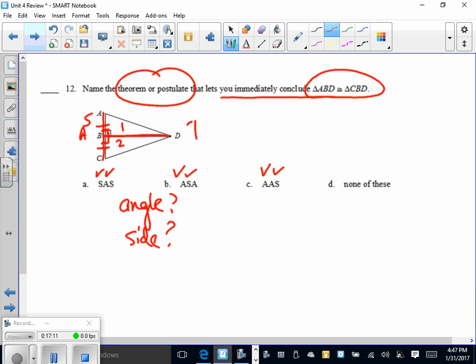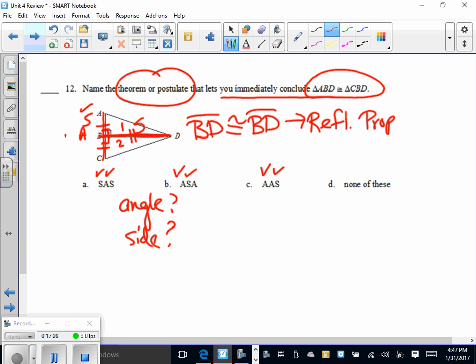Going back to what we said, line segment BD is congruent to line segment BD because of the reflexive property. So that gives me an S. So I have side, angle, side, which is A. So that eliminates all of these others. So the answer is A.